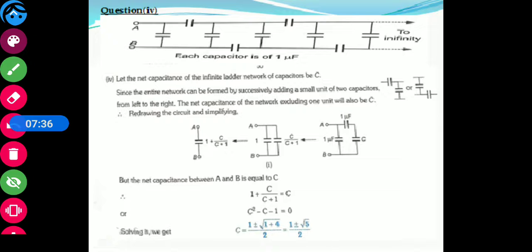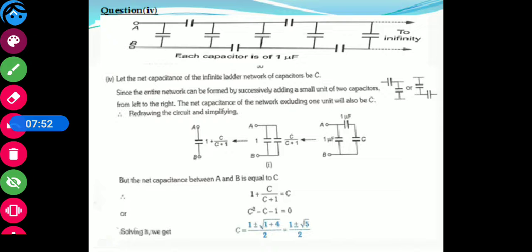The net capacitance of the network excluding one unit will also be C, because it is an infinite series. Infinite series means if you remove one unit, there will not be much effect on the resultant.